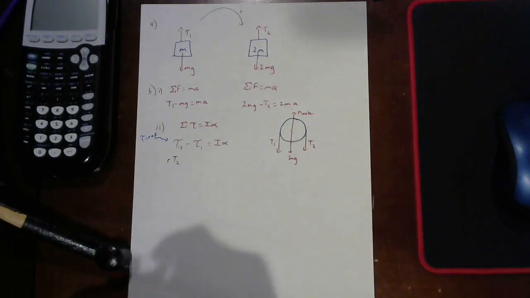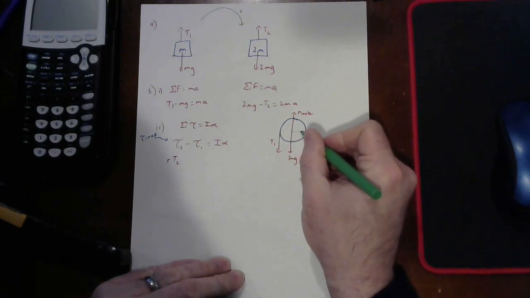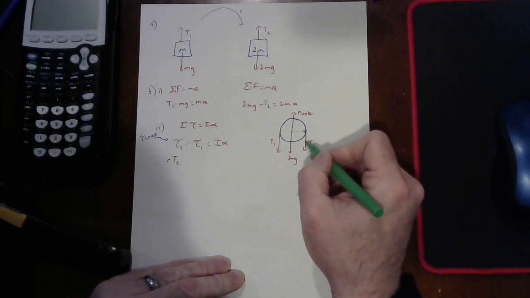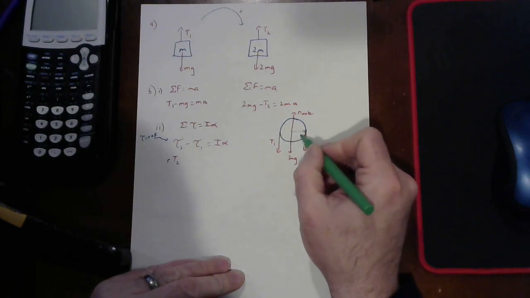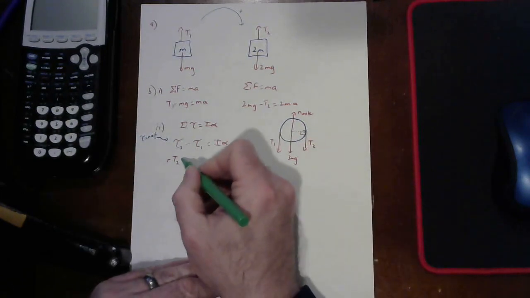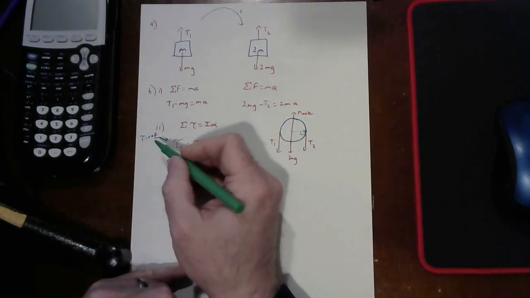The thing is that our R vectors start at the axis and go to where the force is applied. Because ropes, when they're under stress, come off tangent, and this is a radius, they're going to be 90 degrees off. So it'd be a sine of 90 there, which is just going to be 1 when I do my cross product.